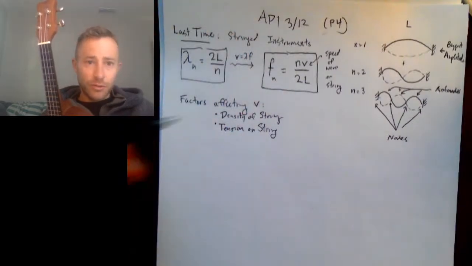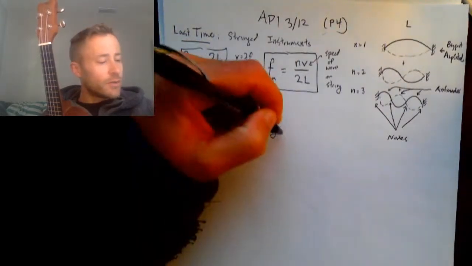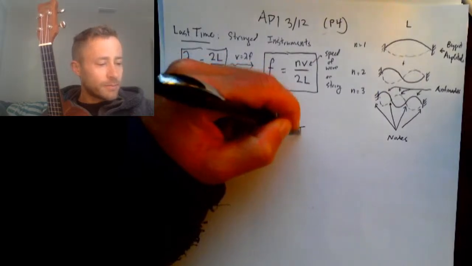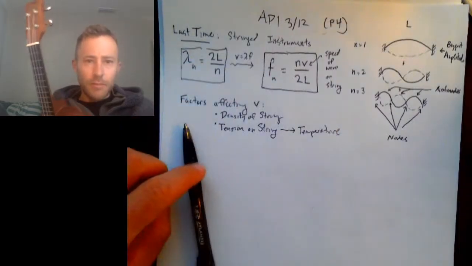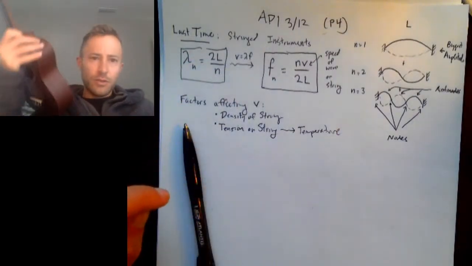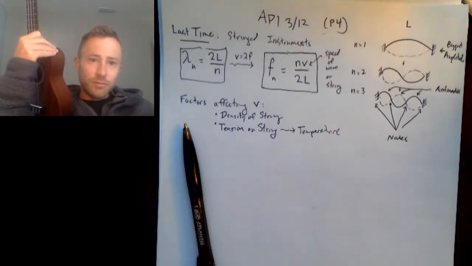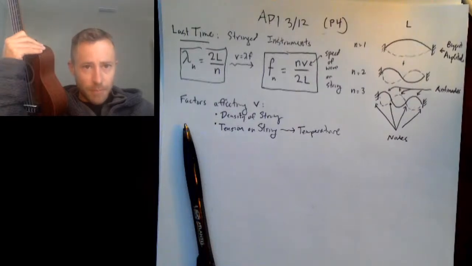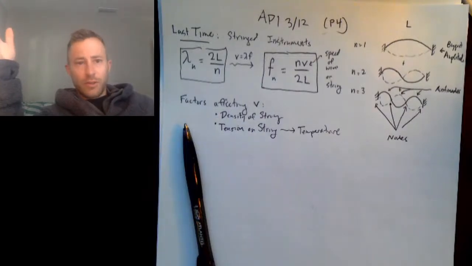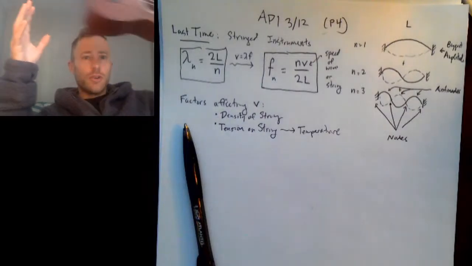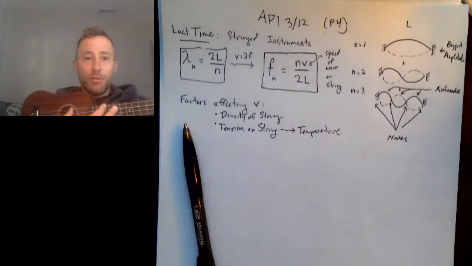One interesting thing about stringed instruments is that the tension in the string also depends on temperature. Let's say I tune this instrument in my house where it is 75 degrees. Then I take it outside into the winter where it's like 30 degrees or something. Because of the reduced temperature, the strings are going to want to shrink.